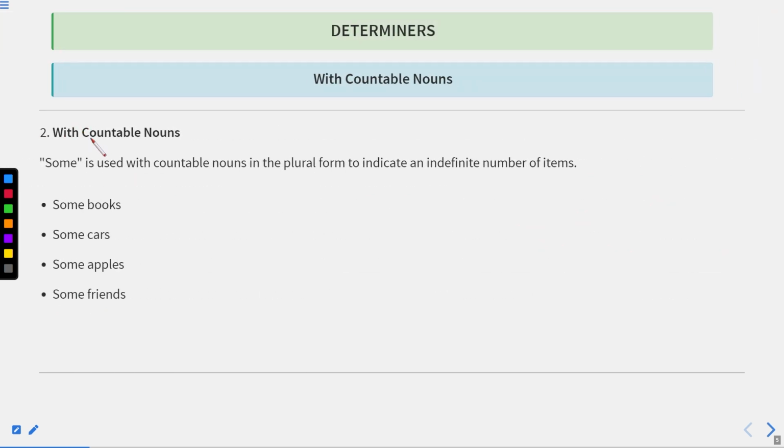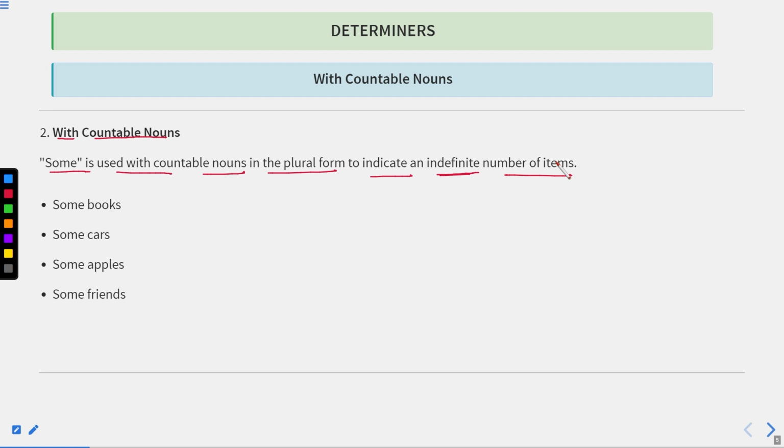Here we'll discuss some with countable nouns. Now countable nouns are those nouns which can be counted in terms of 1, 2, 3 and so on. Some is used with countable nouns in the plural form to indicate an indefinite number of items. Indefinite number of items means, look, when we talk about numbers, it can be divided into two parts, either definite or indefinite.